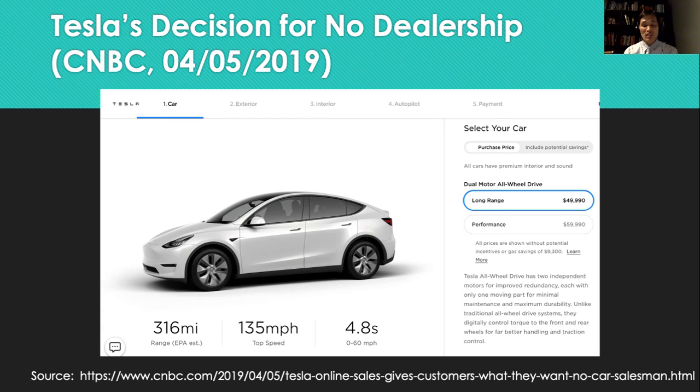In addition, they receive deposits from the customers in advance, which improves the company's cash flow too. In this example, we can again see how Tesla was able to achieve high quality operations, attract more customers, and make it easy for them to do business.